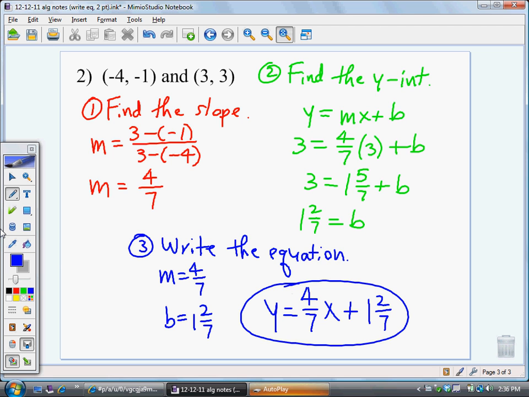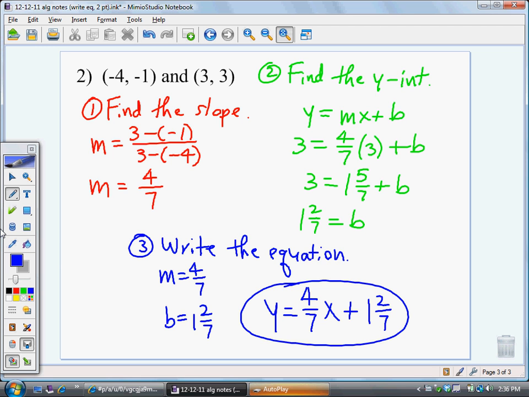You put negative 4 in, you get negative 16/7, which is negative 2 2/7. When you add that to positive 1 2/7, you do get negative 1. So negative 4, negative 1 works. Now 3, you put 3 in for x, you get 12/7, which is 1 5/7. 1 5/7 plus 1 2/7 does equal 3.